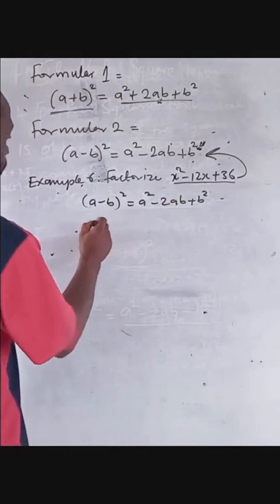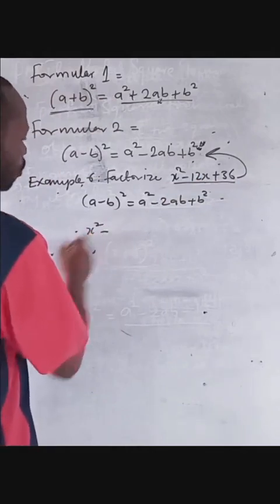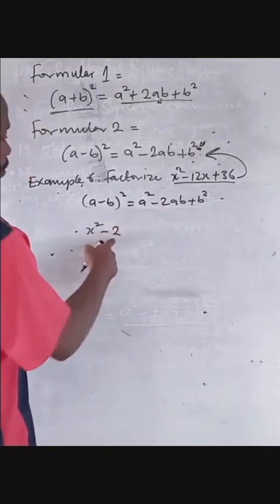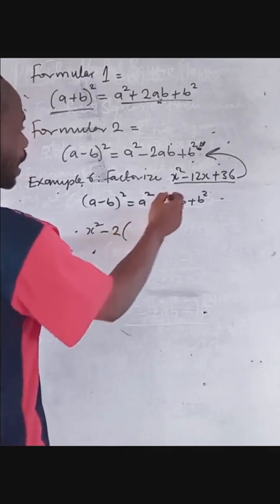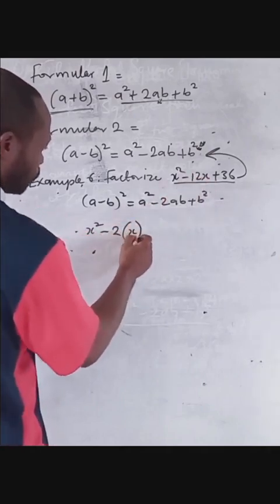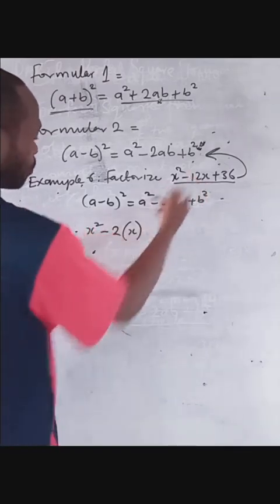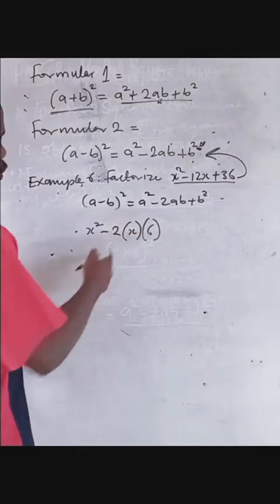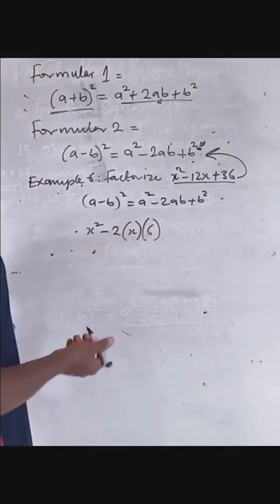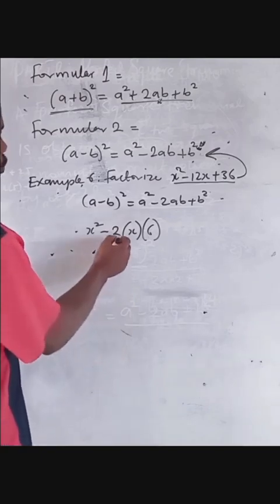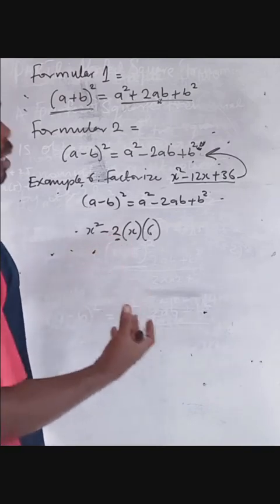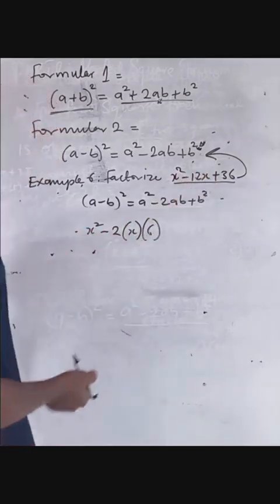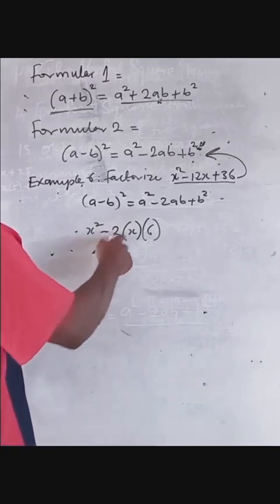Therefore, x squared minus 2, remember there's a 2 here, minus 2 multiplied by x, which is a variable, multiplied by 6, because 2 multiplied by 6 is 12. So we already have 2 here, so I need to look for a number that I will multiply by 2 to get this original 12. That number is 6.